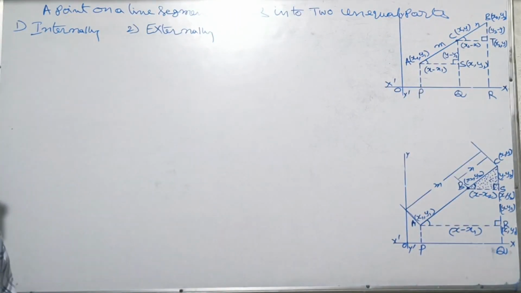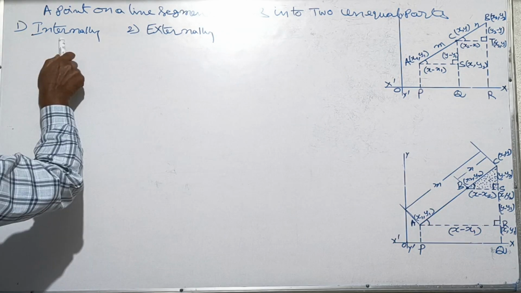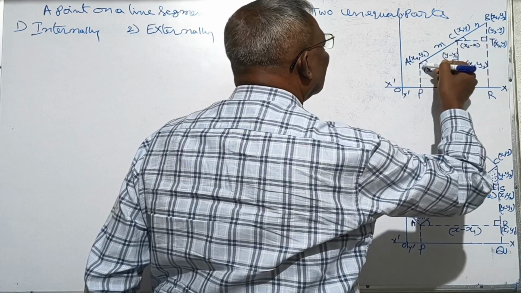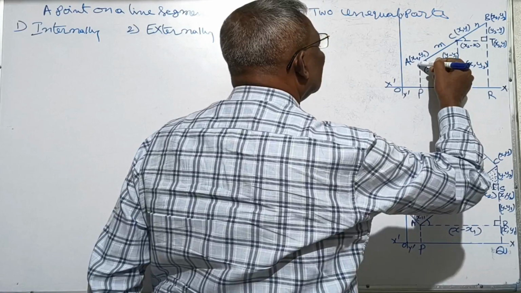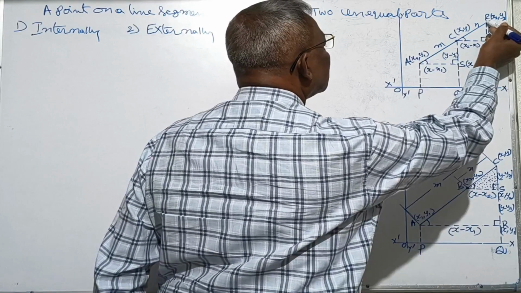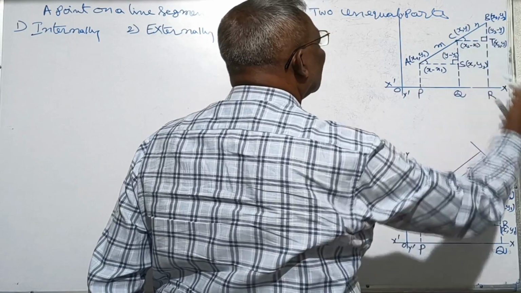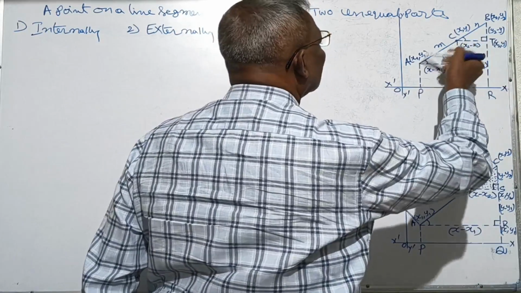That is of two types. Number one, internally. AB is a line segment, and C is in between. That is internally.